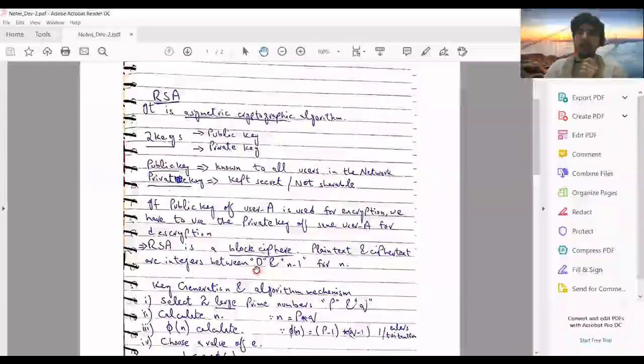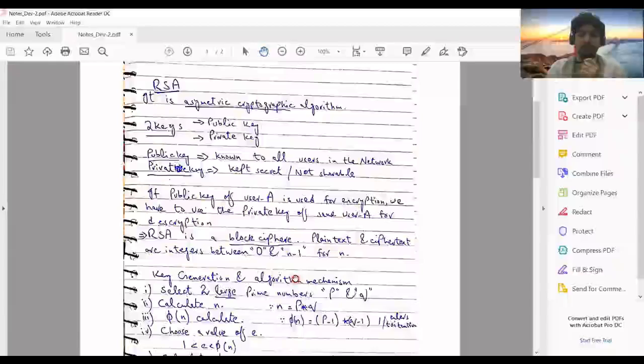RSA is basically a block cipher. What does block cipher mean? That its plaintext and ciphertext are integers between 0 and n minus 1. I would demonstrate them later in an example.